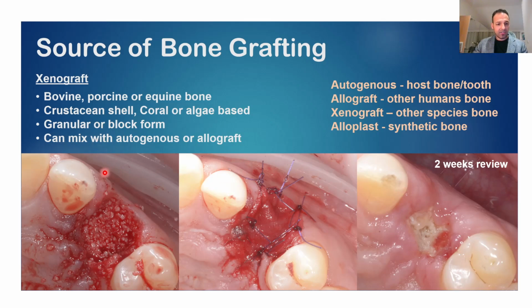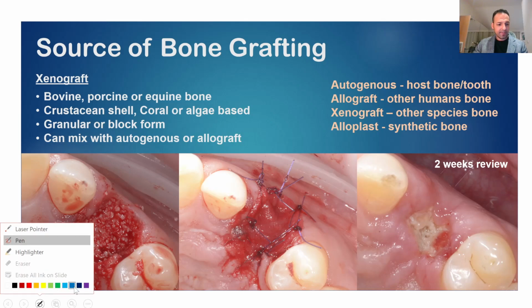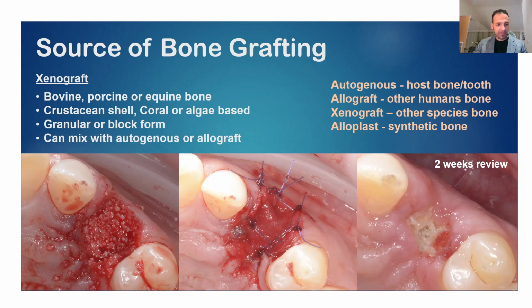And again, you can see that the buccal wall has been maintained here. If I can just show you here, let's go for dark blue. Should we try that color? Buccal bone there, buccal bone at the extraction time and surgery, and then 2 weeks later, still plenty of buccal bone there. Yeah.